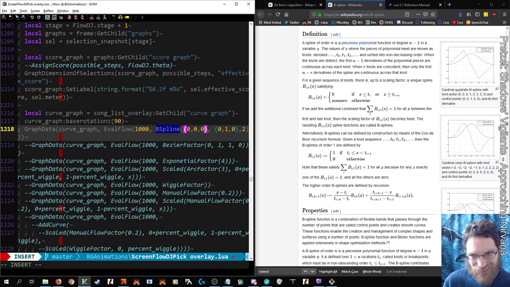Well, no, because we can back work this from 3, 3. And 0, 0, 1, 0, 0. So that's number of control points. The actual knots are 0, 1, 2, 3, I think.